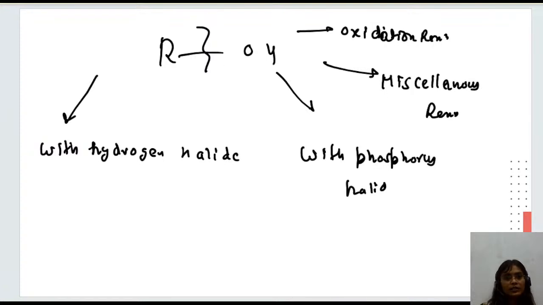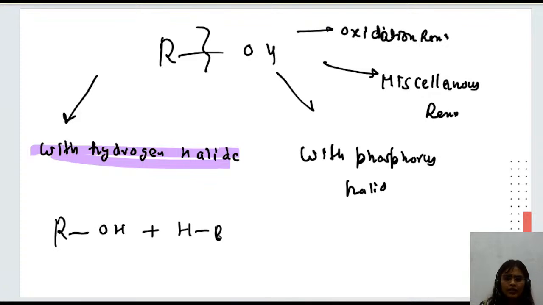Now, this is the only topic which we are going to discuss now, and you will tell me what it is. You have some ROH, and I have some hydrogen halide, let's say HBr. So what am I actually getting? Please answer the question.